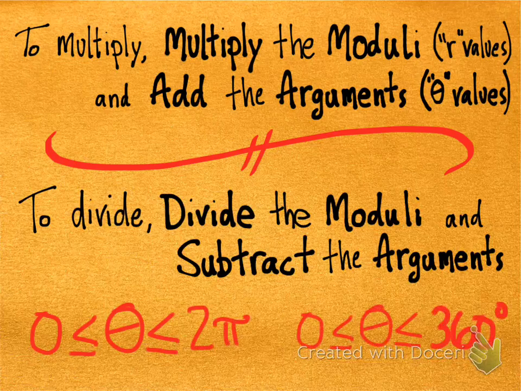Or if, like our examples, you were using degrees, keep it between 0 and 360. You've dealt with that problem before in other study of trigonometry, so I won't go into it in this video. But that's just a convention that we try to respect as we do these problems.